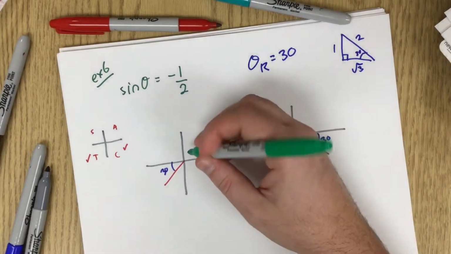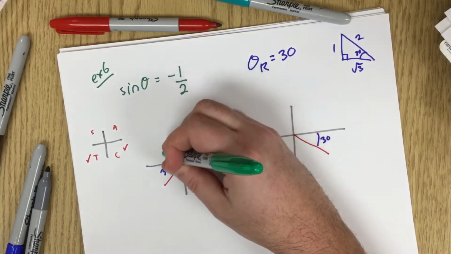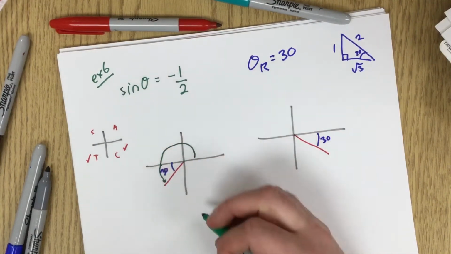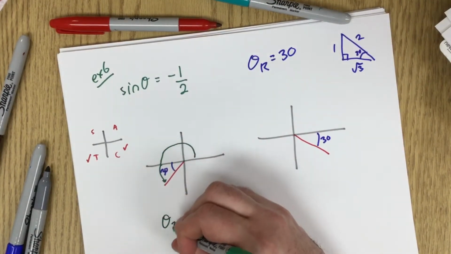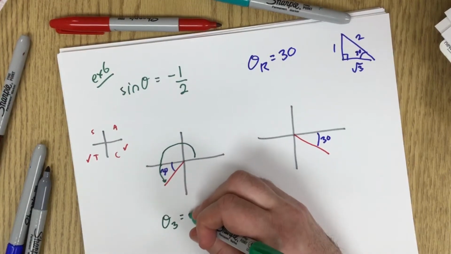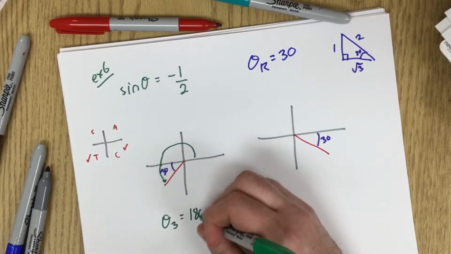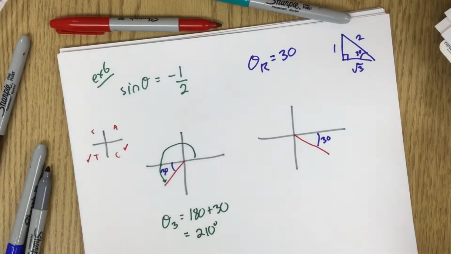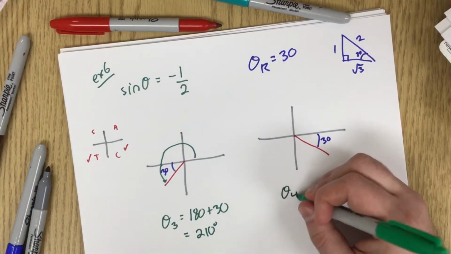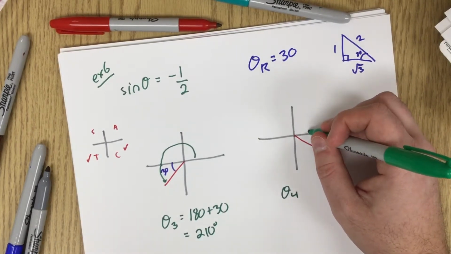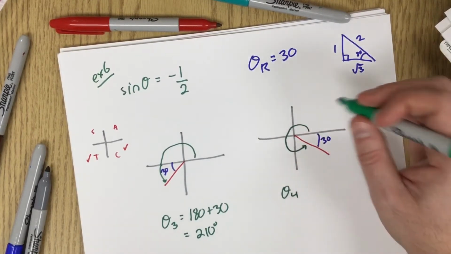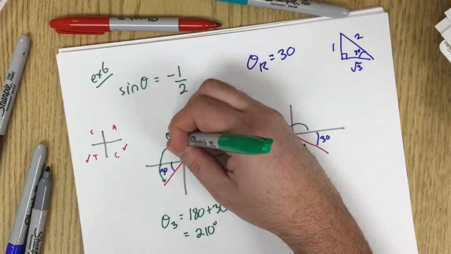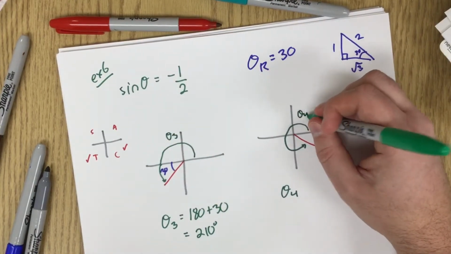And then we can actually look at the angle. So this angle is going to be 180 and another 30. So my third quadrant answer is going to be 180 plus 30, which is 210 degrees. My fourth quadrant one is the angle over there. So this was the third one, and this was my fourth quadrant answer.